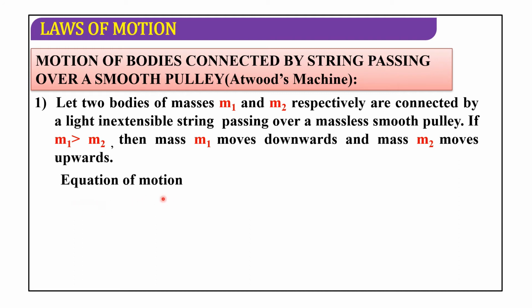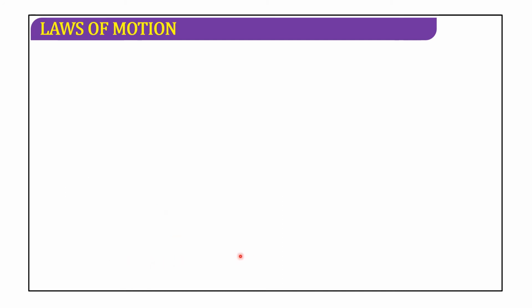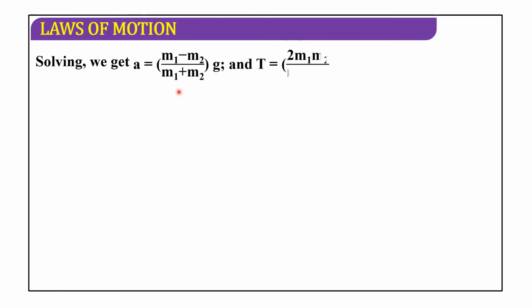So the equation of motion for body A is M1G minus T is equal to M1A. For body B, T minus M2G is equal to M2A. Solving, we get A is equal to M1 minus M2 by M1 plus M2 into G, and the tension T is equal to 2 M1 M2 by M1 plus M2 into G.